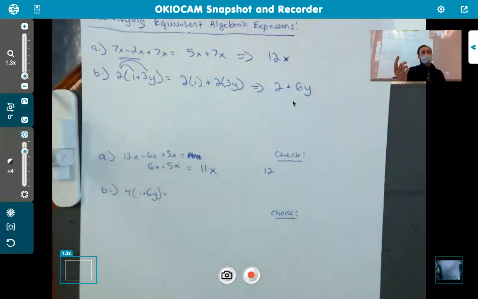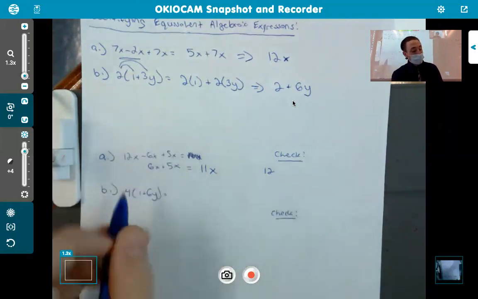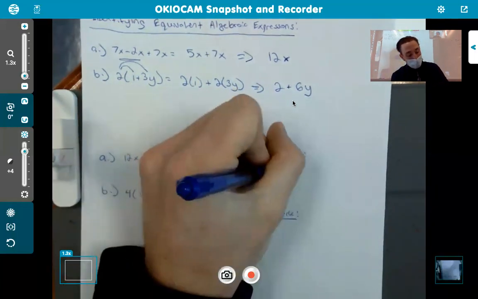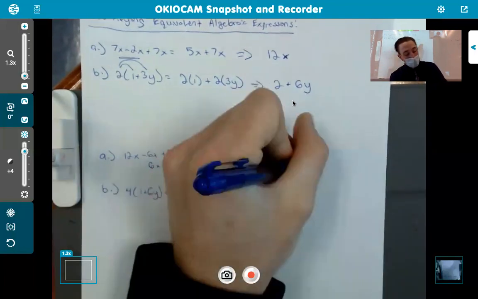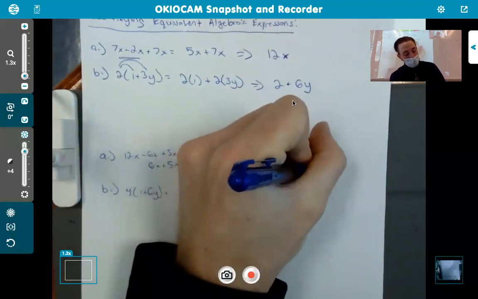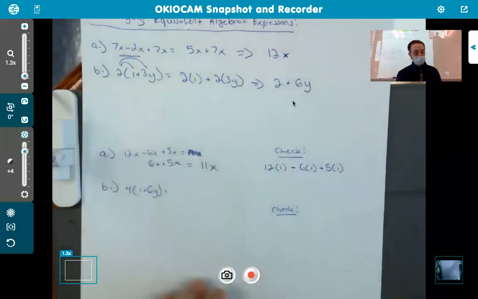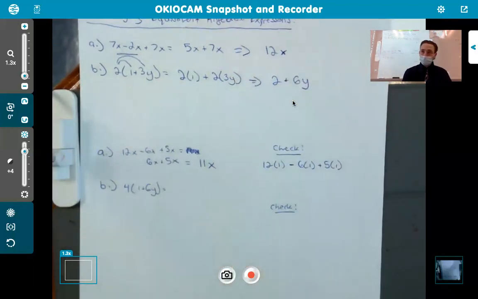Choose 1, okay? So if I plug in 1 for x, instead of 12x, I'm going to have 12 times 1 minus 6 times 1 plus 5 times 1, all right? Well, anything times 1 is just itself, right?